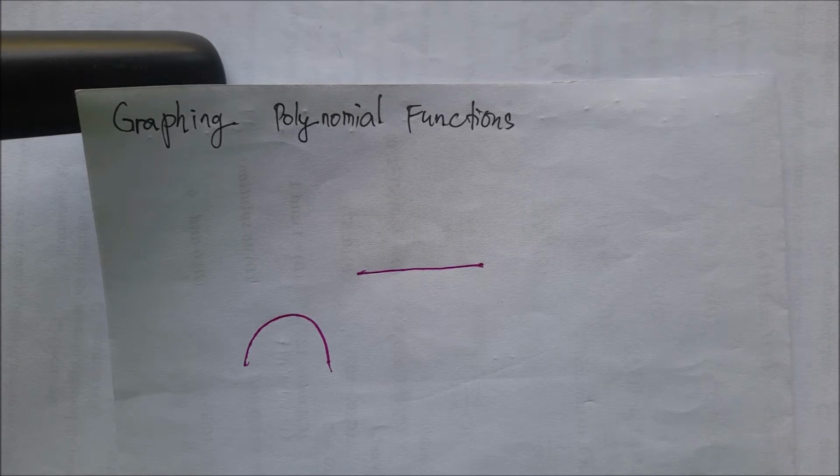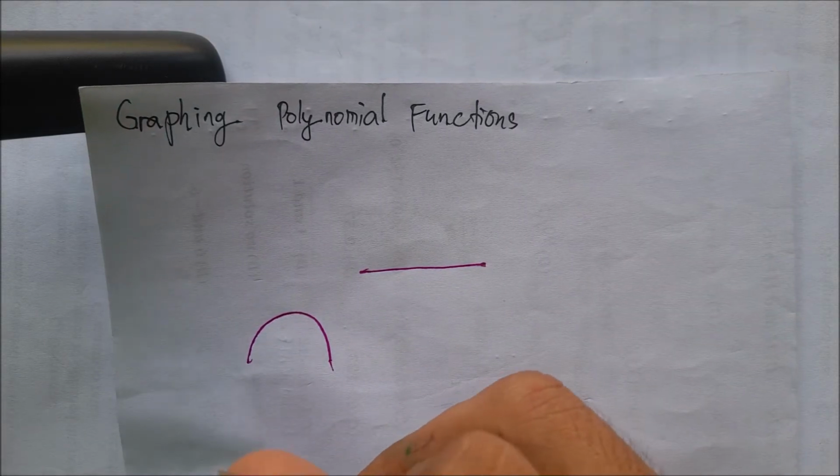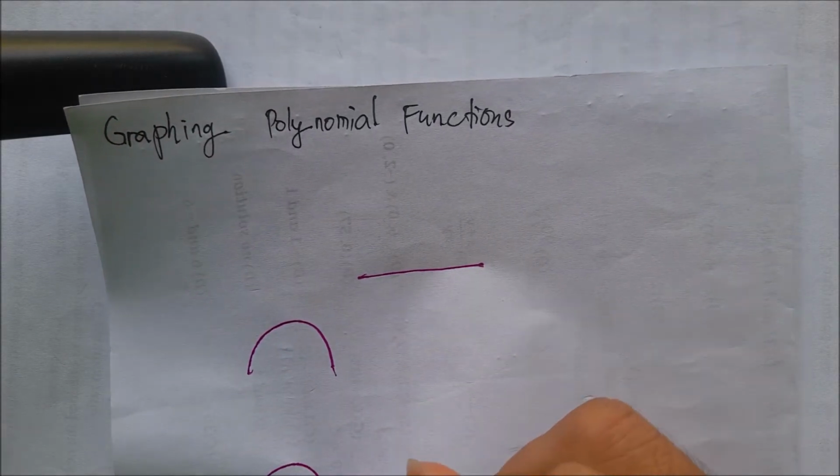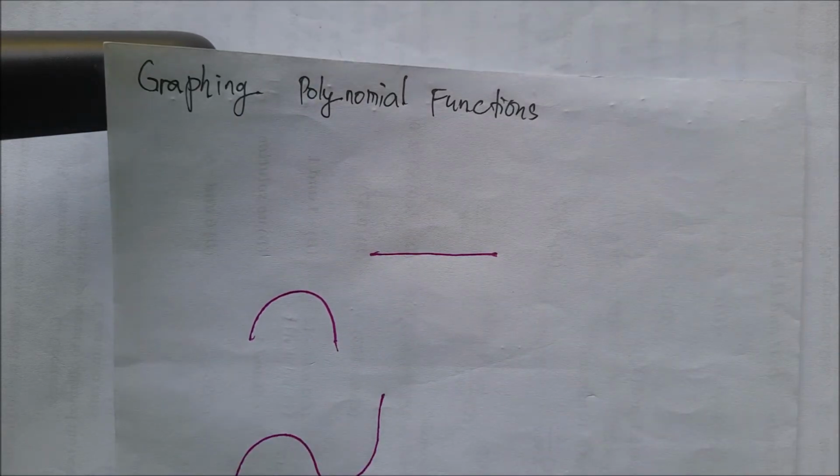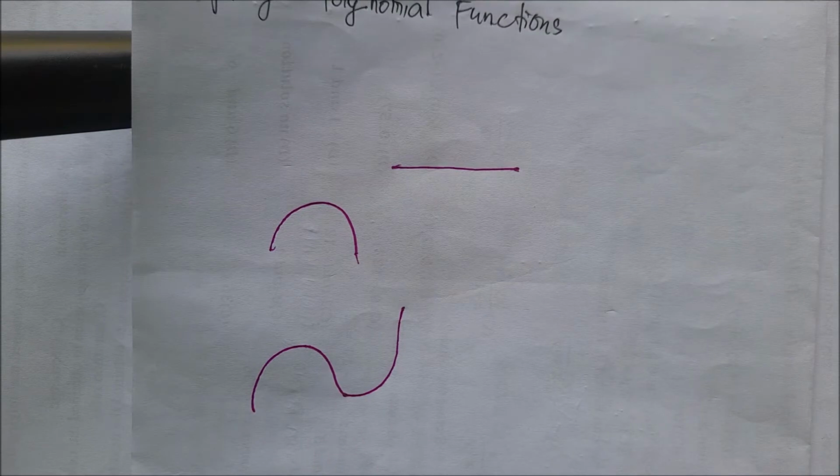The graph of a polynomial function is smooth and continuous. If a graph is smooth, then it is a smooth curve with no corners or sharp points. If the graph is smooth like this one, that's a polynomial.